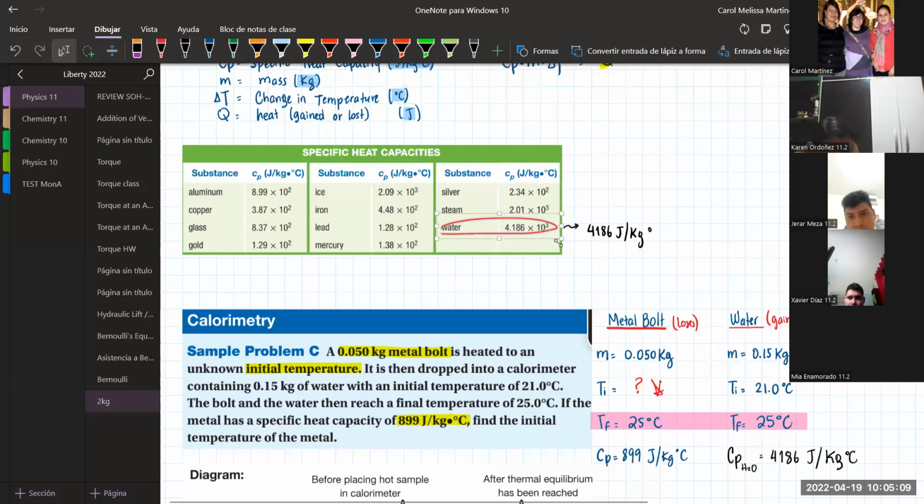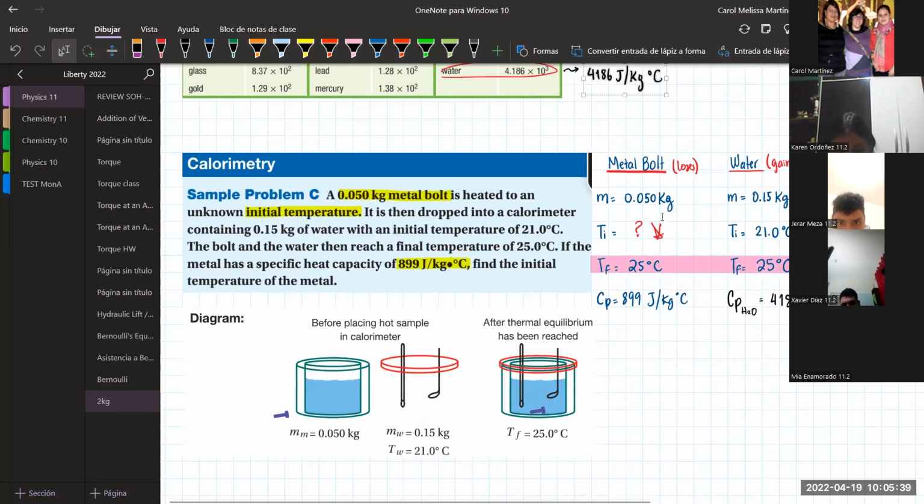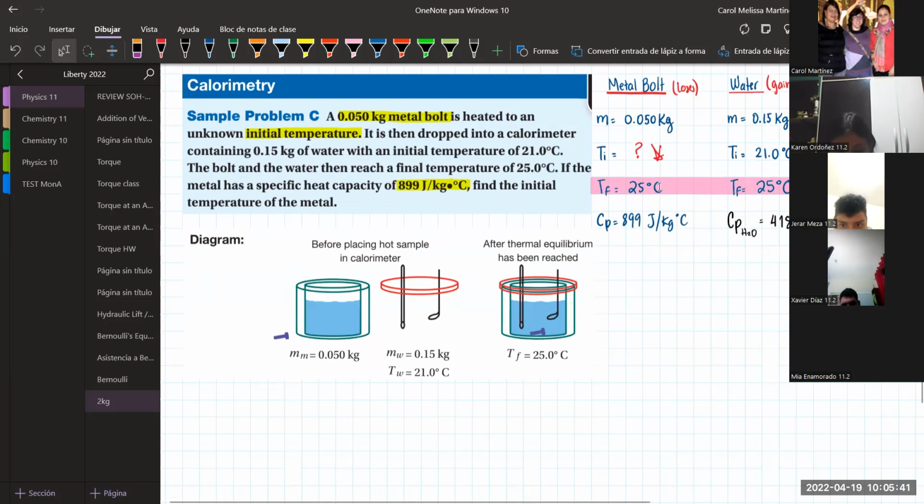That is 4.186 times 10 to the third power, the same as 4,186 joules over kilogram Celsius. So I take this information from the table and write it down in my list of givens.